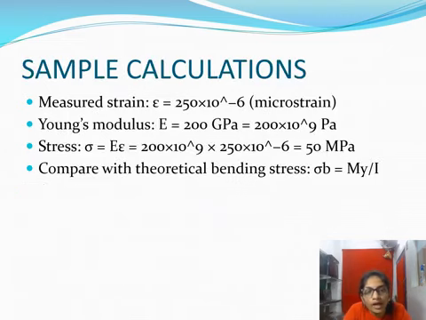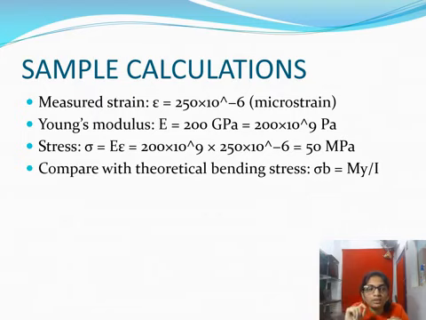Then, after that, a simple calculation. Measure the strain: epsilon is equal to 250 into 10 raised to minus 6, microstrain. Microstrain is a unit. Young's modulus, denoted by E, is equal to 200 GPa, which is 200 into 10 raised to 9 Pa.